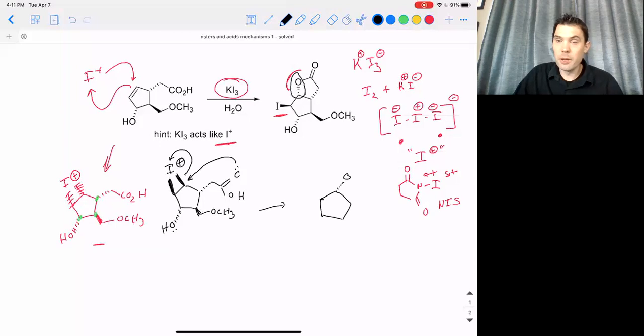The reason for it is 5-membered rings are almost always going to be cis if they're fused to another 5-membered ring. And the reason for that is the trans 5-5 ring fusion is going to be quite strained. And because that group is already kind of dangling down on the bottom, it's going to be able to attack from that preferred bottom face, just like it's bridging.